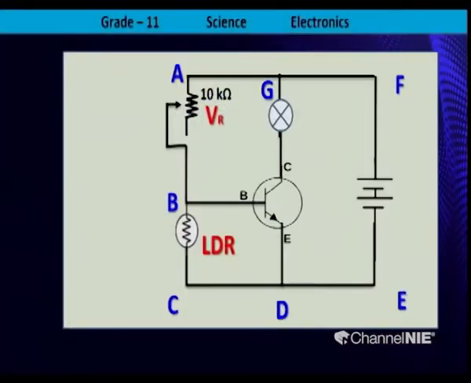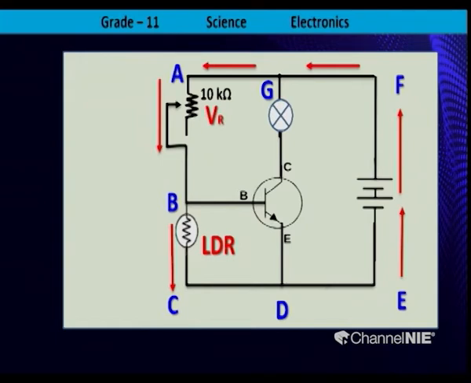You can see in this diagram, current passes from the dry cell to F, F to G, G to A to B, B to C through the LDR because light falls on it. When light falls, resistance decreases in the LDR.